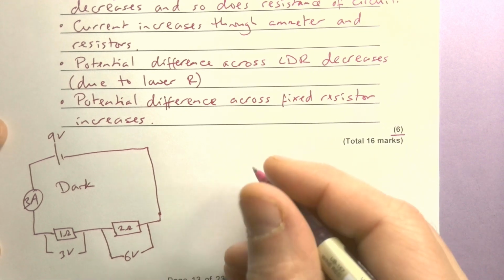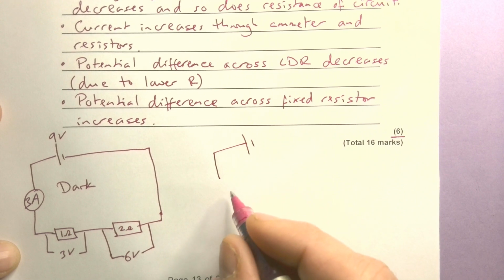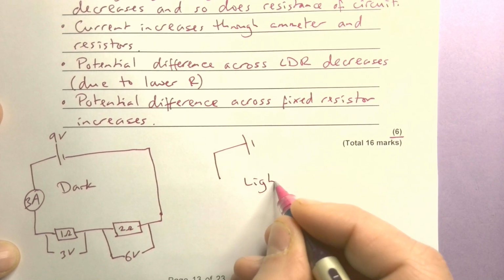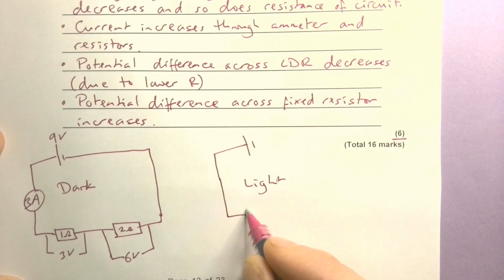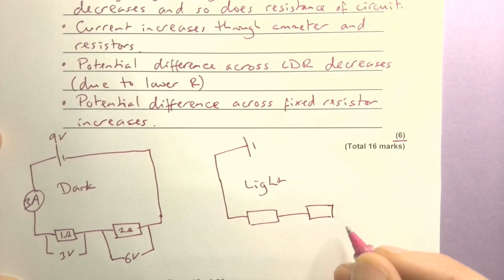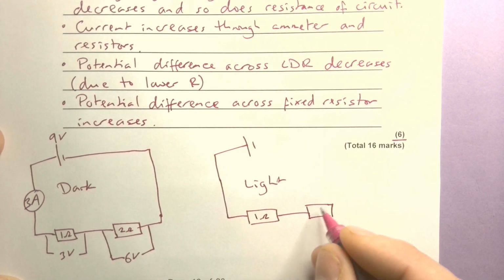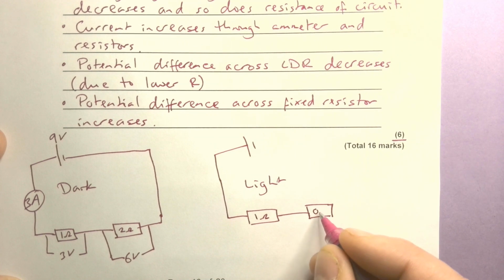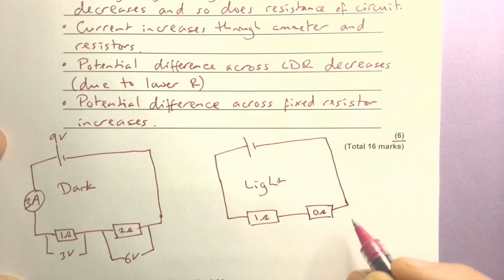Okay, so then if I do the same thing and say, right, now it's the light. I now draw it so that it's the same as the other one, 1 ohm. And let's actually say this has become so low, it's 0 ohms. Just to make my maths really easy for me.